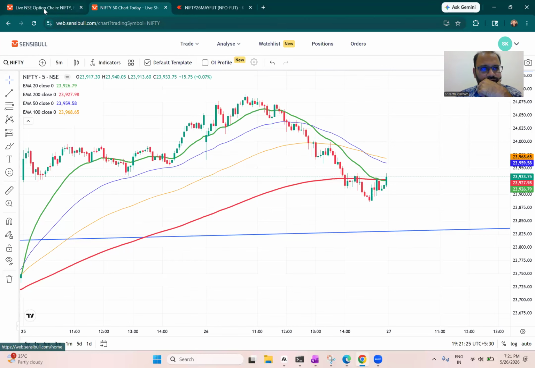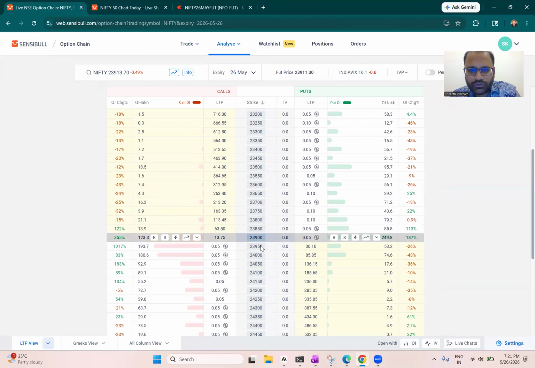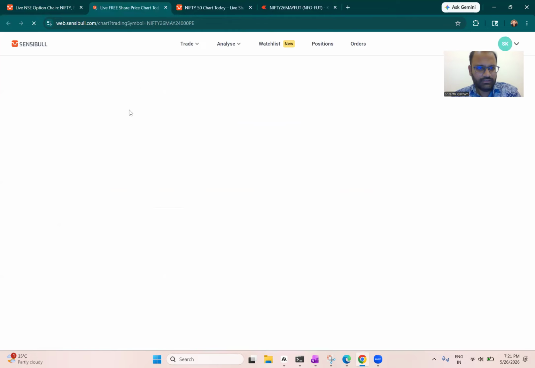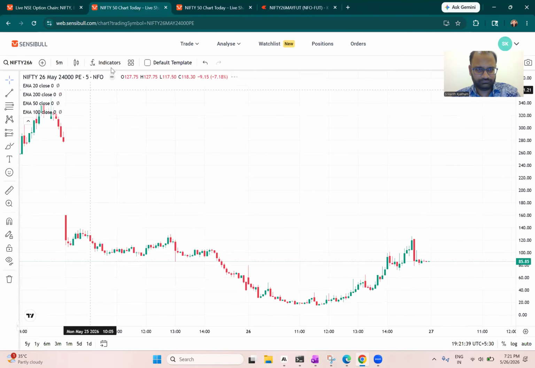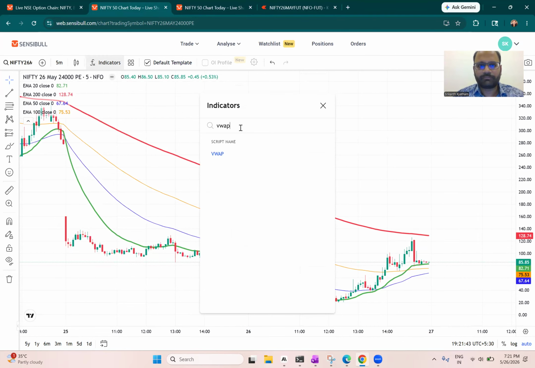Another point to look at. Let's say you want to be on anything, let's say CE or PE. If it is say 24,000 PE, right? So open the 24,000 PE chart. Add VWAP.